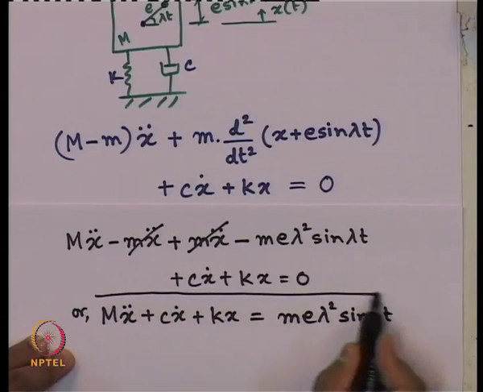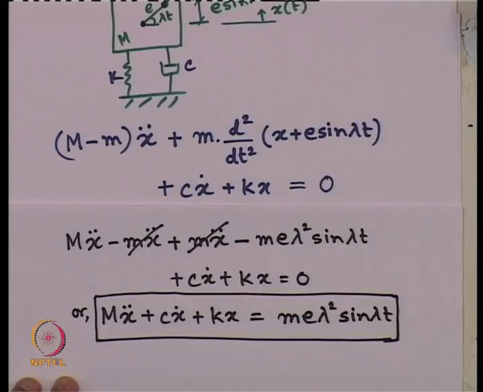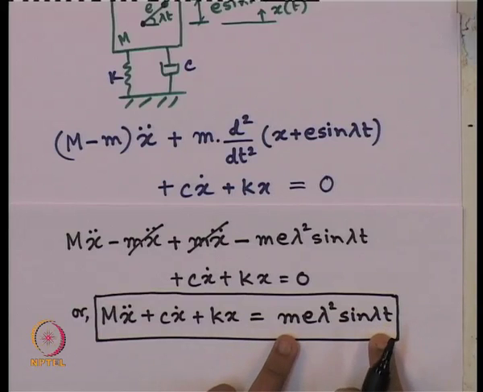So, this is the governing equation of motion for a single degree of freedom system subjected to eccentric mass rotating imbalance. So, look here, the dynamic load is coming from the moving parts of the machine or the rotating parts of the machine.